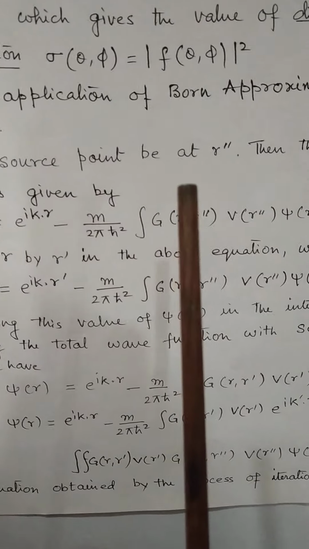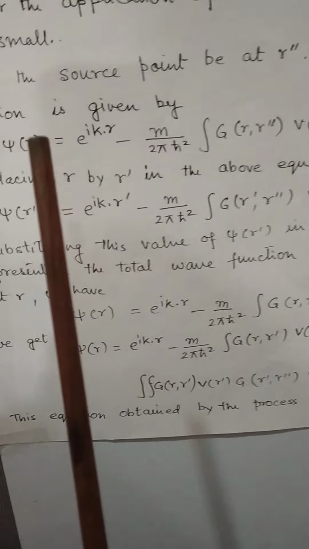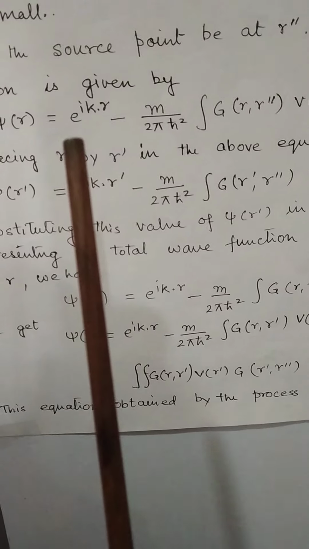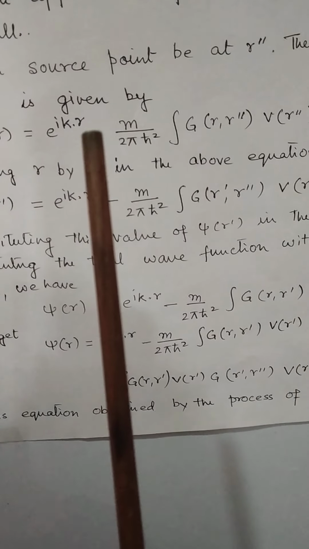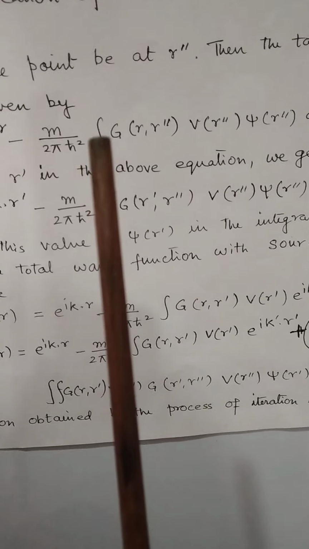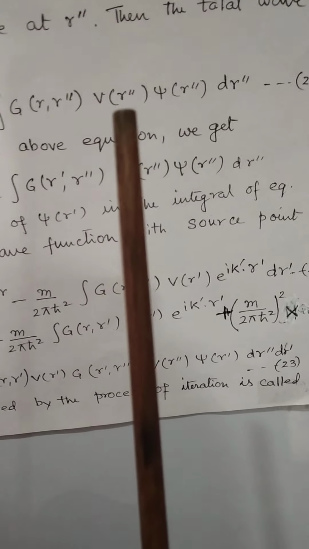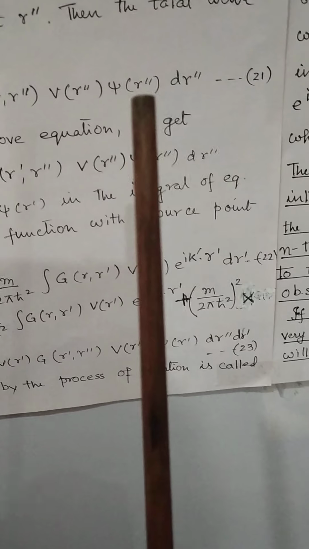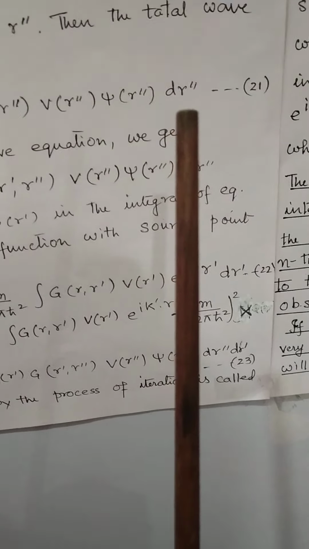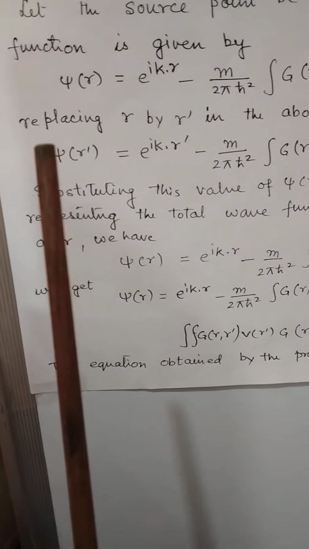Let the source point be at r double dash, then the total wave function is given by psi of r equal to e raised to the power of iota k dot r minus m upon 2 pi h cross square, integration of g of r double dash v function of r double dash psi function of r double dash multiplied by d r double dash, which is equation number 21.